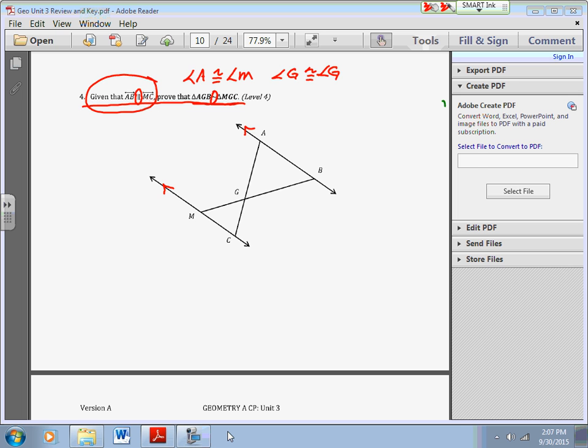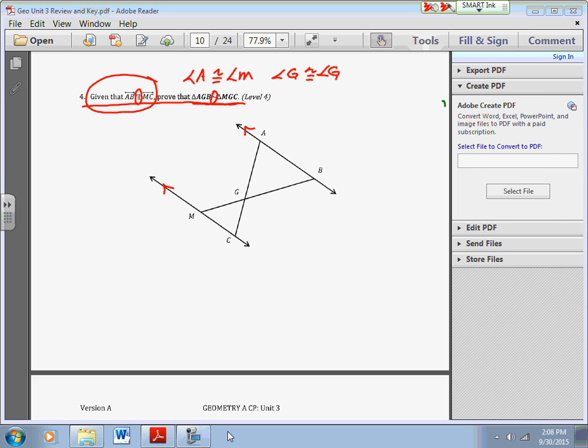Now here's the thing. Triangles can be congruent to each other. That means they're exactly the same size and they're exactly the same shape. If they're exactly the same size and shape, they can also be considered similar, but you can't go the other way. You can't say if they're similar, then they're congruent. Does that make sense?